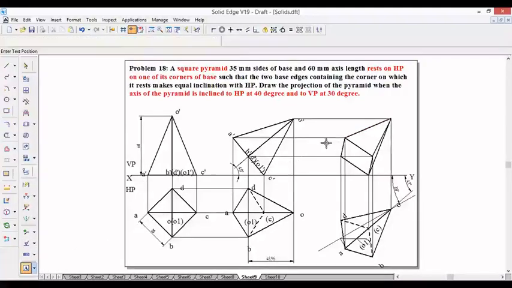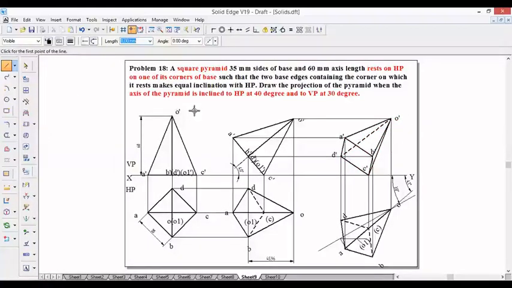If I call the names, this is going to be O dash. Here we have A dash, B dash standing on C dash and D dash. So the edge D to O is going to be invisible.